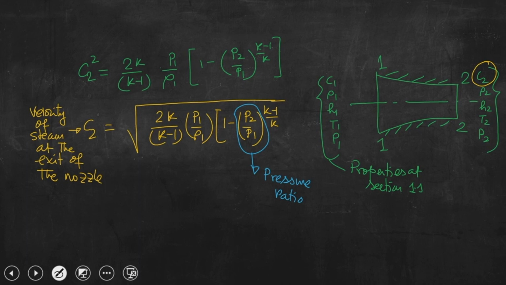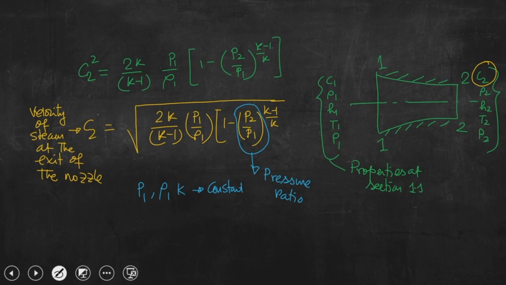So, from this we can understand that P1, rho 1 and k are constant, right. Why? Because if this is the nozzle, we know the steam pressure at the inlet to the nozzle, because that is the pressure of steam at the exit of the boiler.